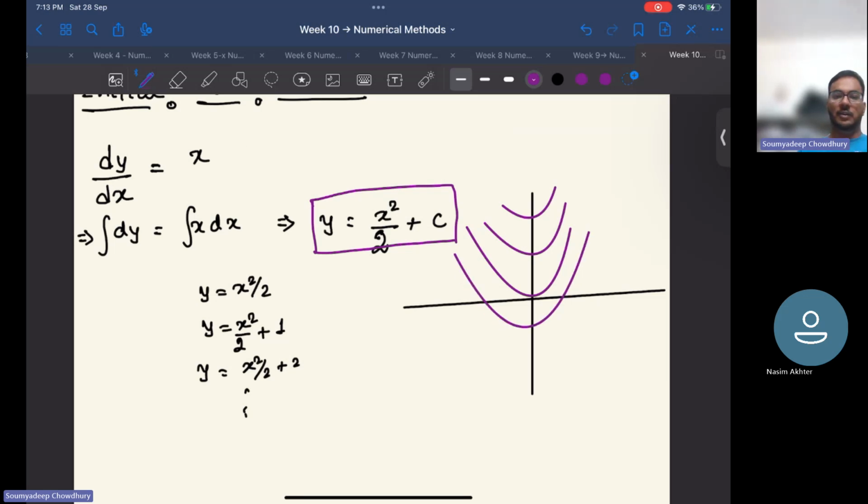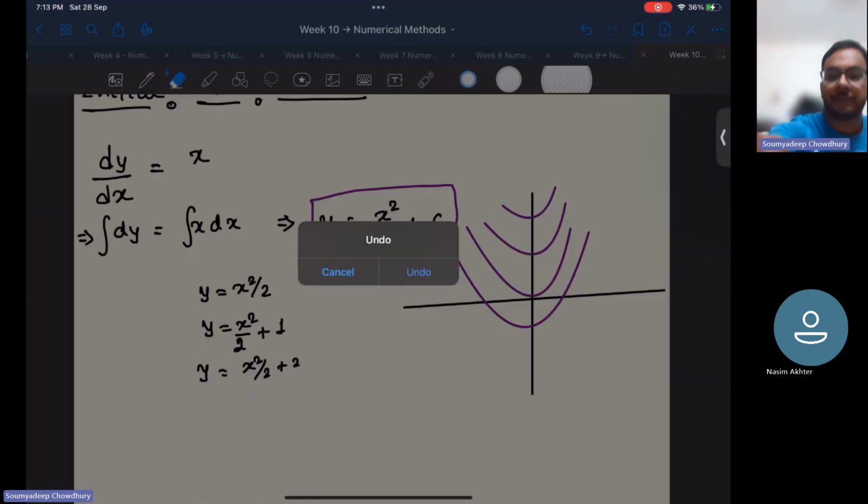Because this C is not known to us, we are not getting a unique solution of this differential equation. So how can we get a unique solution? In order to get a unique solution, we need to find out the value of C, right? So how can you find out C? If some condition is given on your y, some constraints are given, then only you can equate it and find C. Unless that is given, you cannot find the value of C here, right?